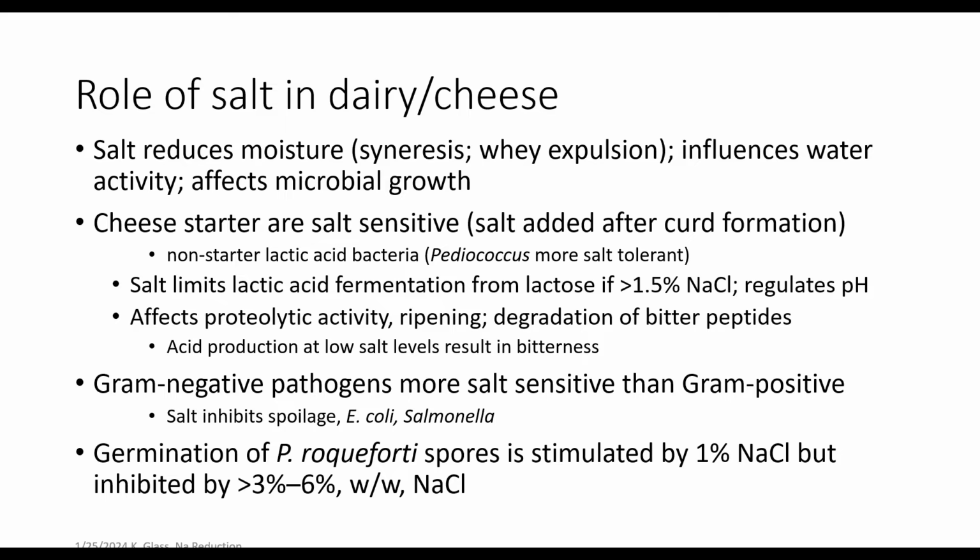Because many cheese starter bacteria are salt sensitive, as I mentioned before, salt is added after acid production to further aid syneresis and achieve the final target moisture level. Salt is also important to control additional acid production during storage by the lactic acid bacteria. It further selects for desirable microbes and affects proteolysis and flavor development.